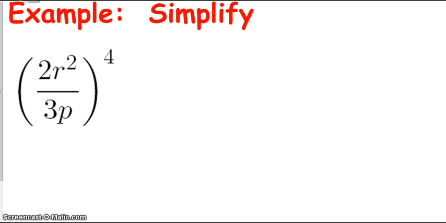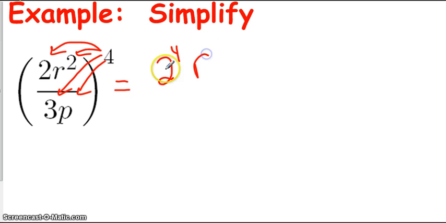All right, let's try another one. Okay, what about this one here? This one, it's a quotient, division, and you have an exponent on the outside, so you're going to distribute to everything. So you'll have 2 to the 4th. Remember, you multiply the exponent, so it'll be r to the 8th over 3 to the 4th, p to the 4th.